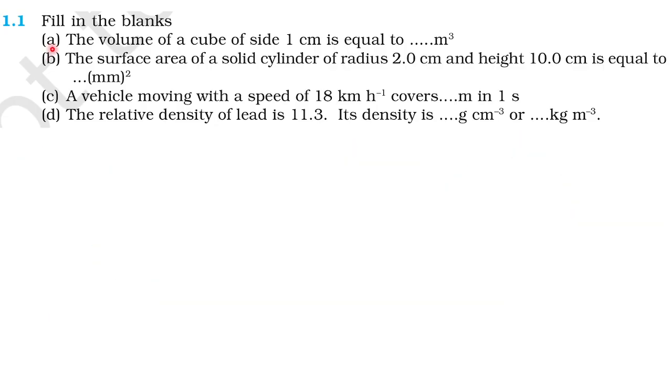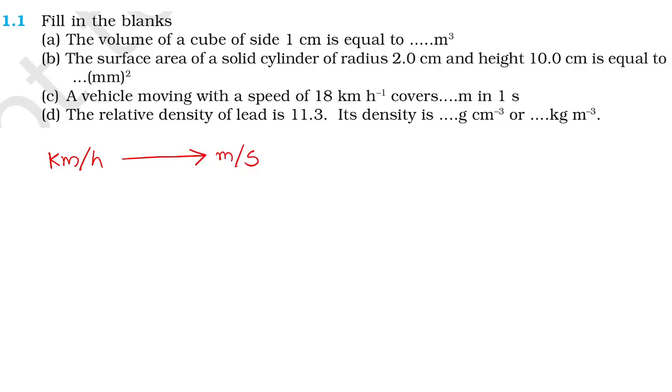The C part I am going to discuss. See, a vehicle is moving with a speed of 18 km per hour. It covers how many meters in 1 second? You studied this in the lower classes, the 9th standard classes. I suggest you directly use it to convert kilometer per hour to meter per second.